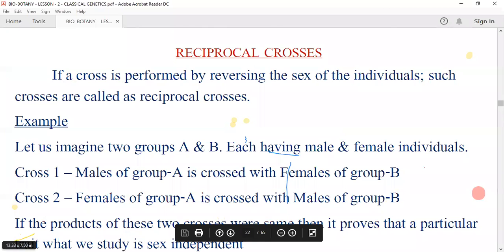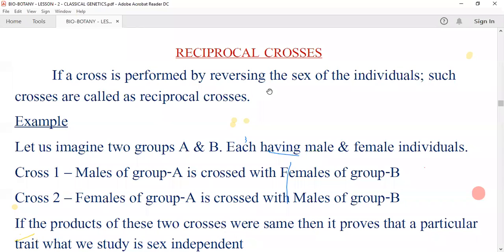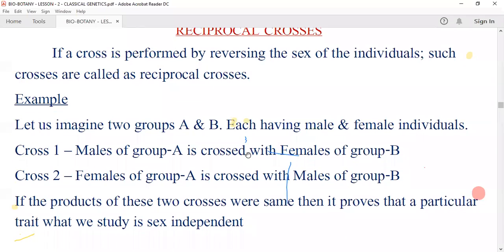And then next, let us see about the reciprocal cross. What does reciprocal cross mean? If a cross is performed by reversing the sex of an individual, such crosses are called reciprocal crosses. So here what we are going to do is reverse the sexes. Before seeing the description, you see the diagram here.